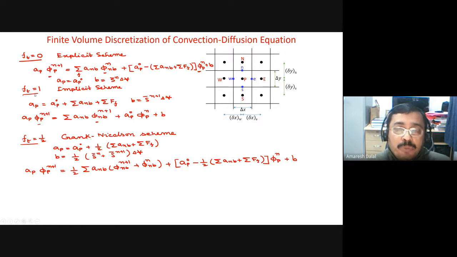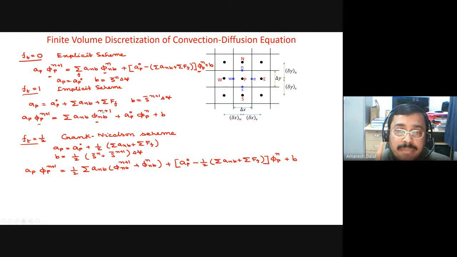But when you put ft equal to 1, then we will have more than one unknown at n plus 1 time level. So you can see that if you put ft equal to 1 in the earlier expression, then we will get ap phi p n plus 1 equal to summation of nb phi nb n plus 1 plus ap naught phi p n plus b. So you can see that all the neighbor terms are unknown, right?